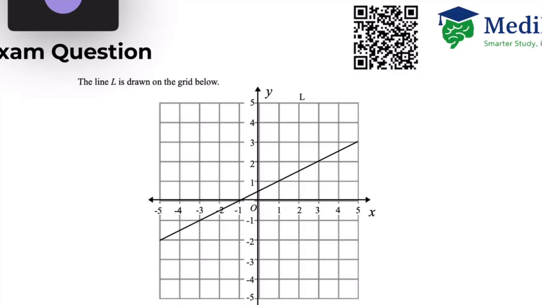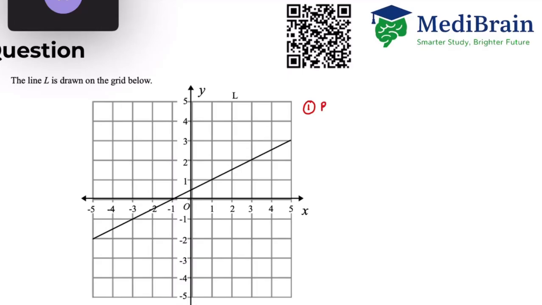So we need to work out the gradient of this line. Step one is going to be pick out two coordinates which are on the line.